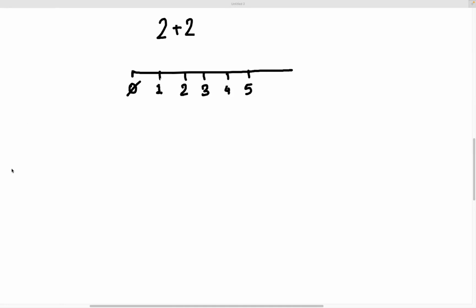Let me use a different color. If we add 2, then what we are essentially saying is initially our point 2 was right here, but then we moved 2 positions to the right. There's one position, then we move to the second position, and now we have moved to this location, and that is 4. Therefore, when we add 2 to 2 we get the value of 4.